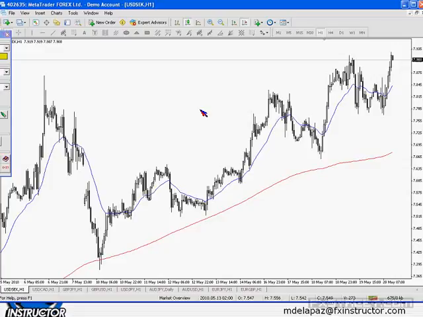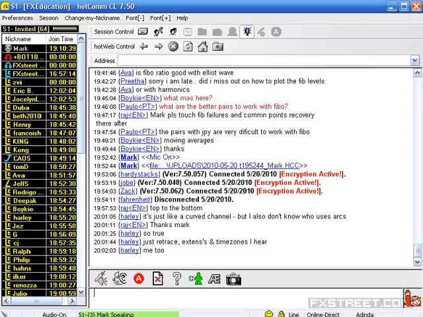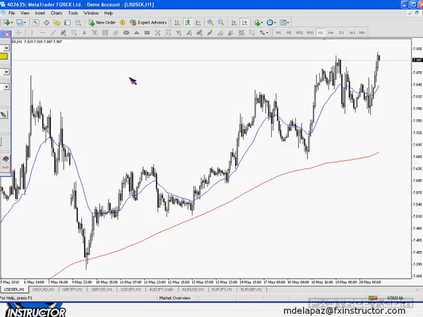How do we do, where is that? Oh, there we go. No, that's Fib expansion. Oh, there we go. Fib channel. So if markets are rallying, you identify the support line.